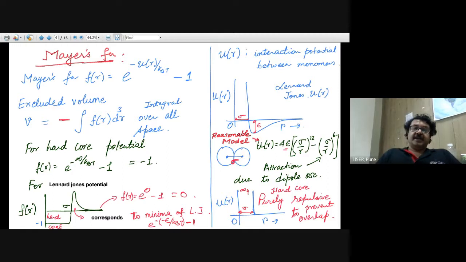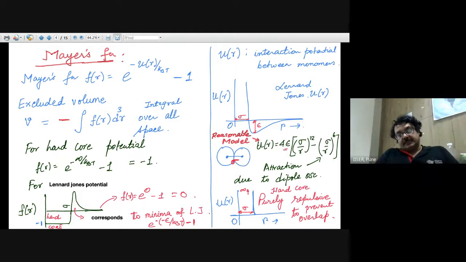You are assuming identical monomers. Then for any distances less than sigma, there is a strong repulsion, and at slightly higher distances, greater than sigma, there is some dispersion force, attraction due to dipole oscillations, and that goes as sigma by r to the power 6.